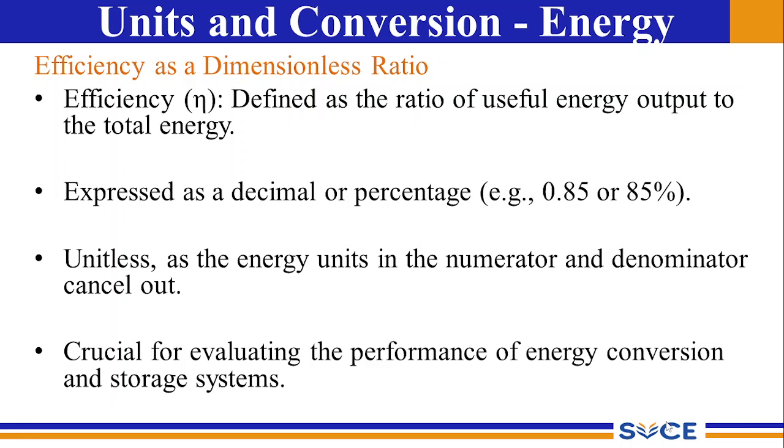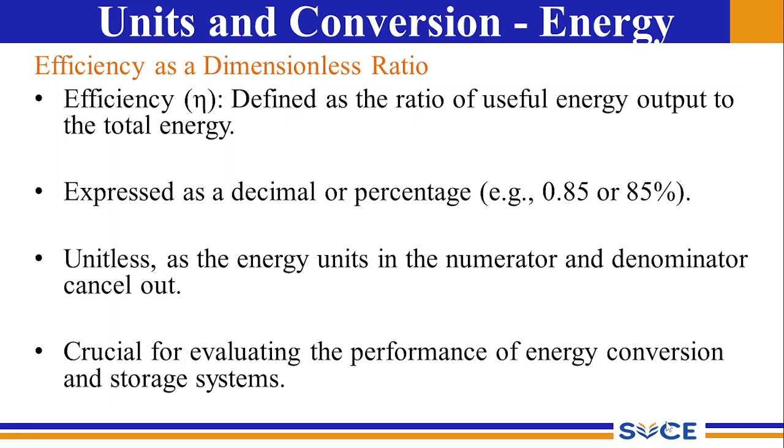Output is always lesser than your input due to losses, so your value will be less than 1. The overall value can range between 0 and 1 if it is expressed as a decimal. If it is expressed as a percentage, it can vary between 0 and 100. It is a unitless term because it is energy by energy.